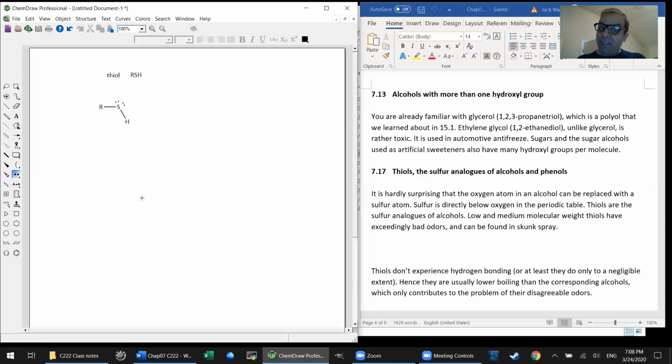The other place that they use thiols for a very different reason, because of safety, is in natural gas. When natural gas is provided to its users, and I can't even remember if we have natural gas jets in our chemistry labs. They don't get used that much more often.